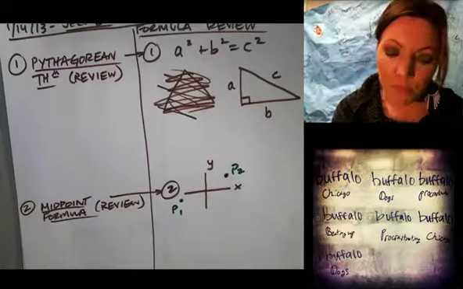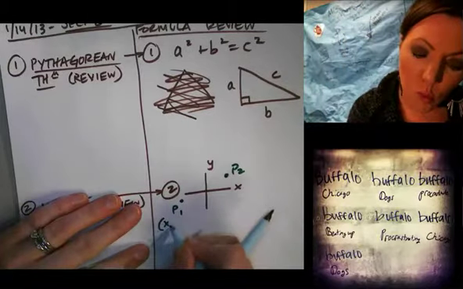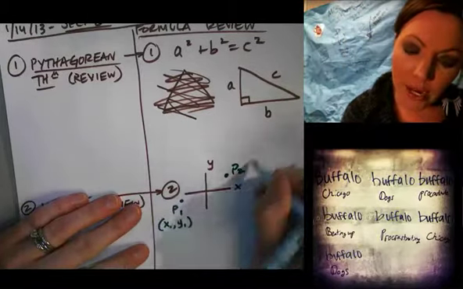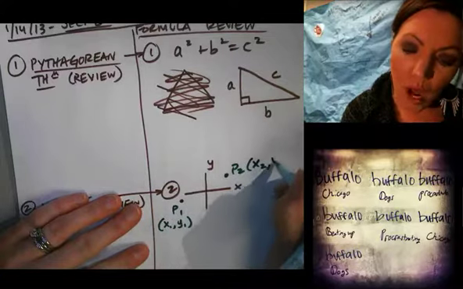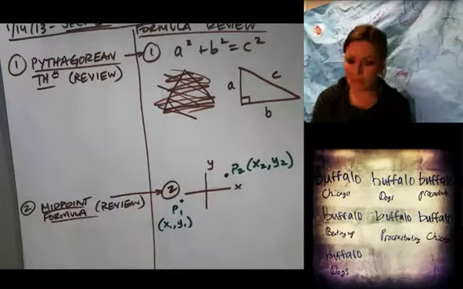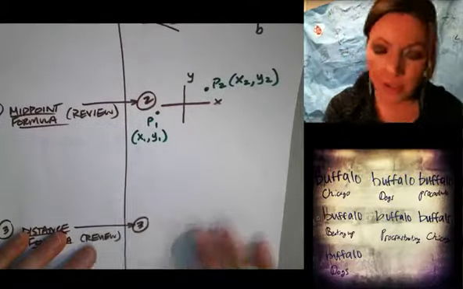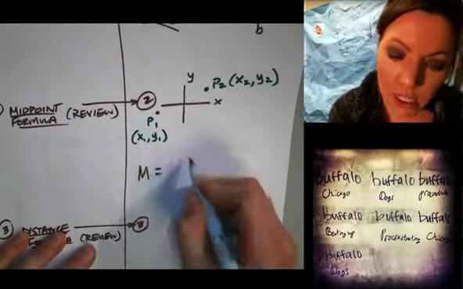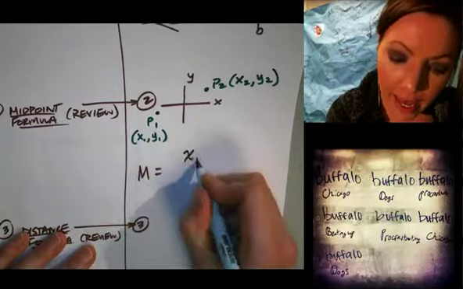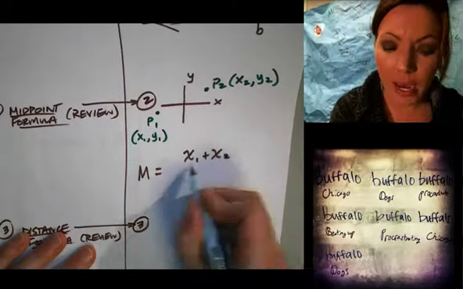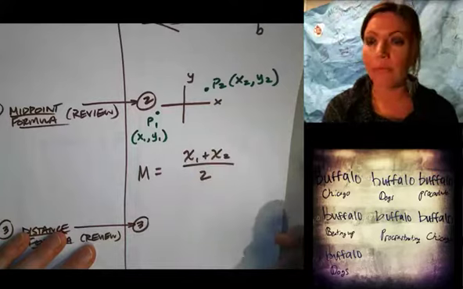So if point 1 has coordinates x1, y1, and point 2 has coordinates x2, y2, the way that we find the midpoint is you take the x coordinates and find the average of the two of them. So add them together and divide by 2.